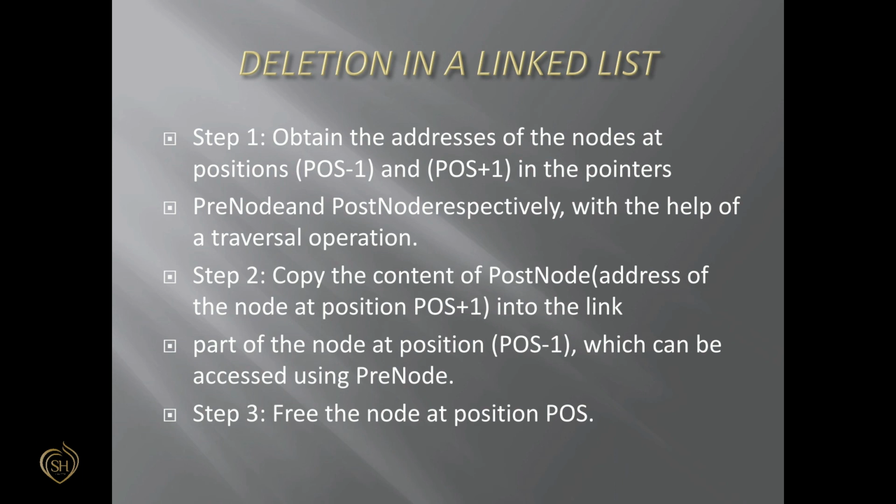Then we have the deletion operation also. Here also we can delete at 3 positions: at the beginning, at the end and in between. Obtain the address of the nodes at position pos-1 and pos+1 in the pointers, that is pre-node and post-node respectively, with the help of the traverser. Copy the content of the post node into the link part of the node at position pos-1, which can be accessed using pre-node, that is the previous node's link part.